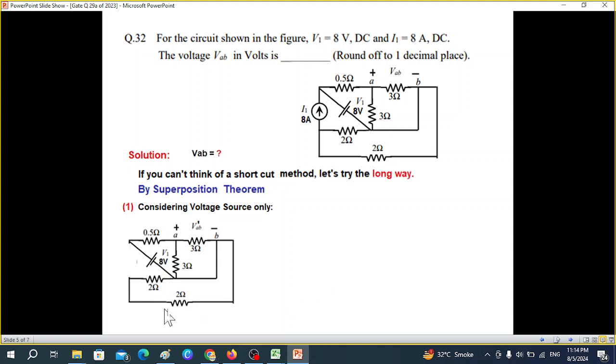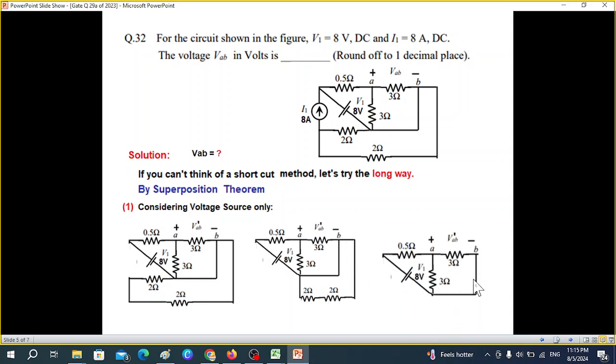One is, you can see this whole comes in parallel with this. But there is a short circuit. So all current will go through here and no current will flow through this. Therefore, this becomes redundant. And so our new circuit will be like this. And from here we can find VAB.